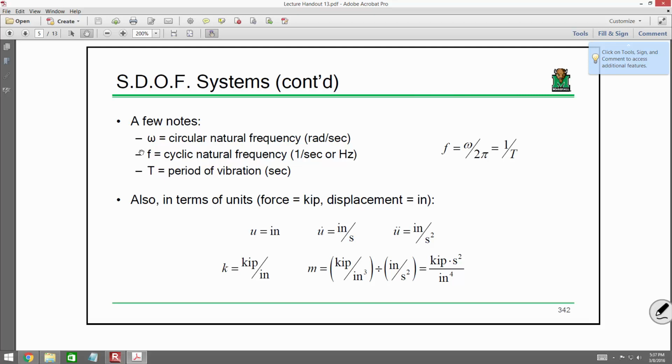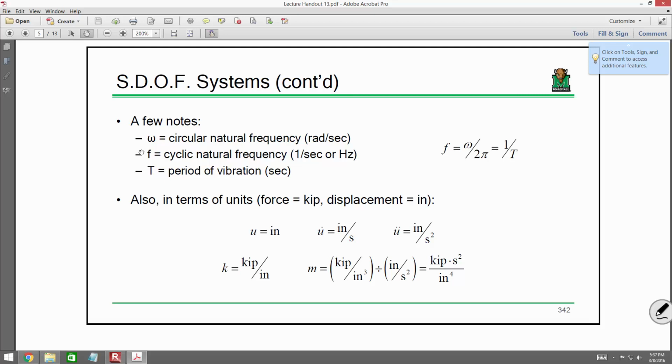Okay? Make sense? Now, if we're talking about units, just so you all know, I deal in American or USCS units. So displacement is in inches, velocity in inches per second, and acceleration in inches per second squared. Stiffness is always kips per inch.